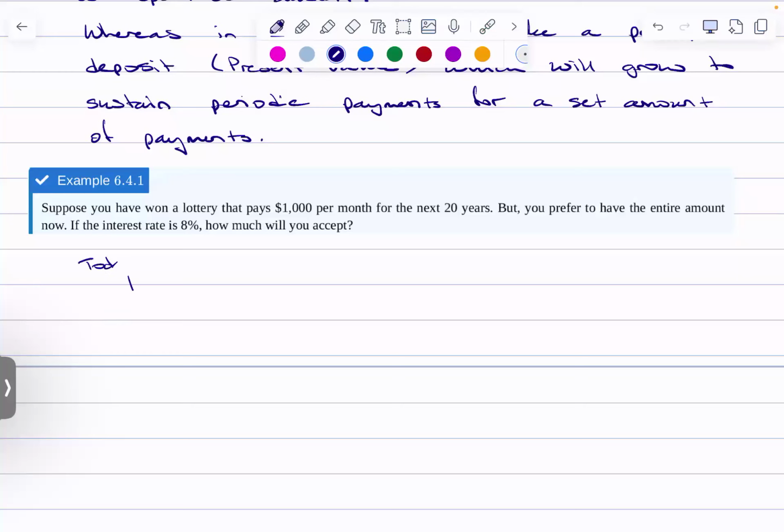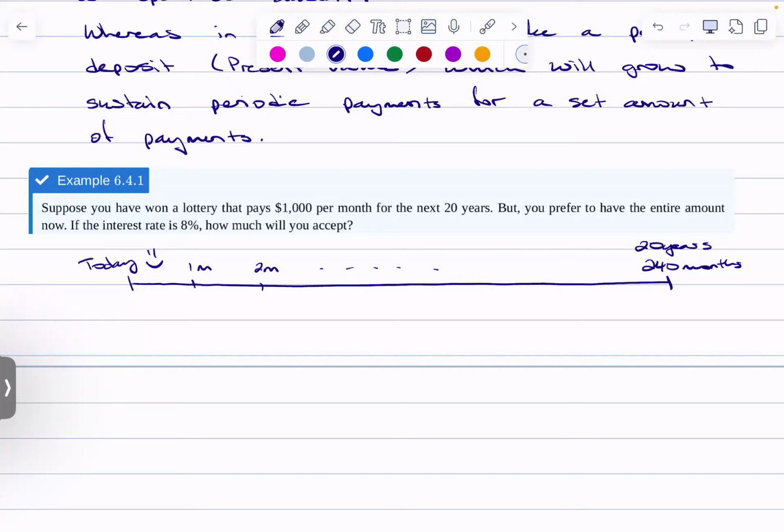So today, you won the lottery and you're so happy. This represents 20 years. Every month for 20 years, which is how many? 20 times 12 is 240 months. Here we're at 1 month, 2 months, I cheat because I don't want to draw all those out.